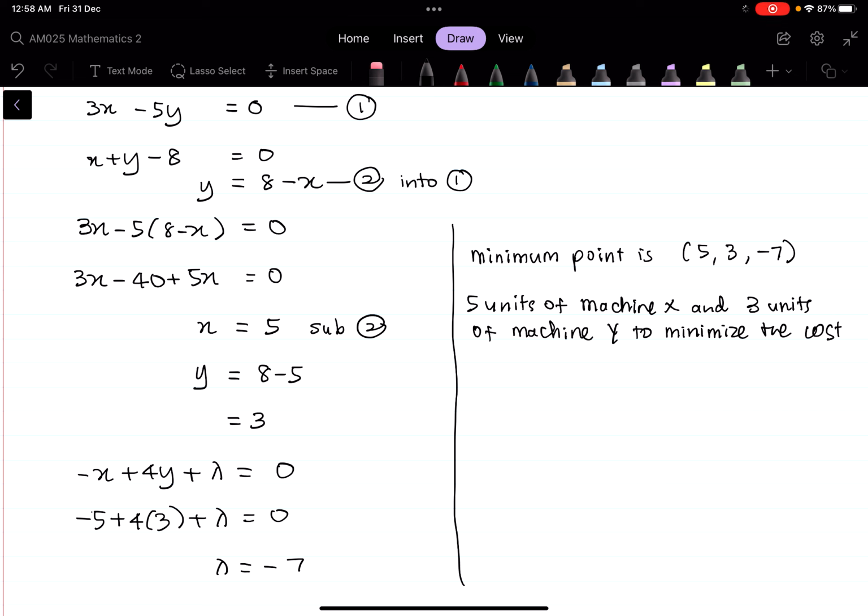So that is how we use the Lagrange multiplier method to solve the problem. So that's it.